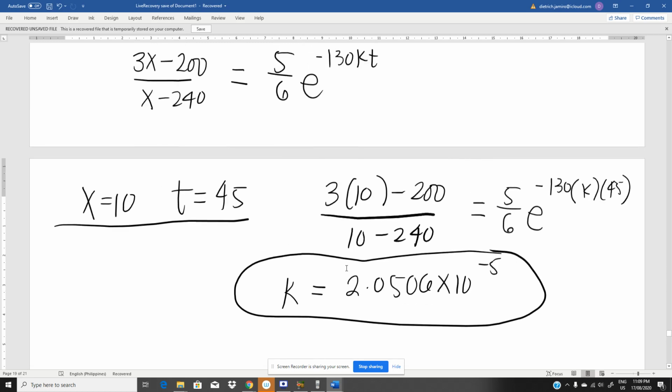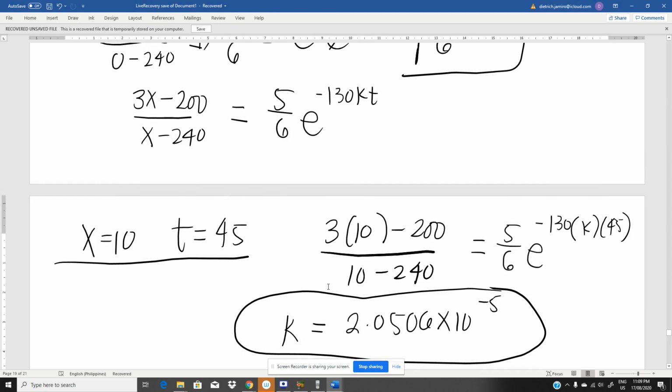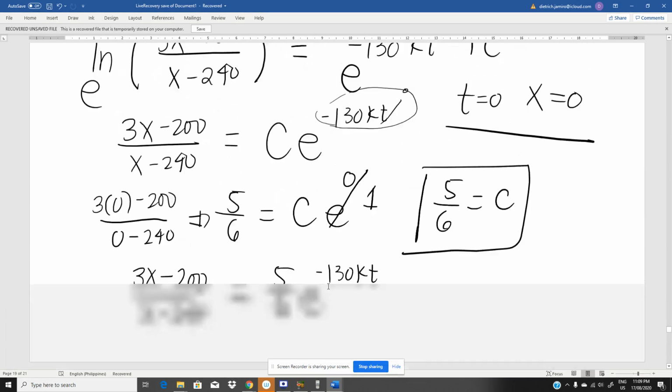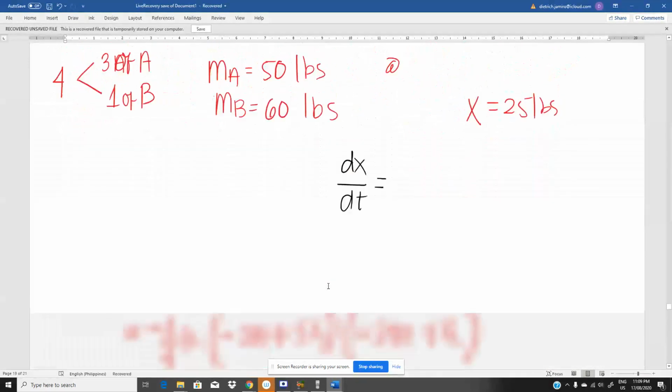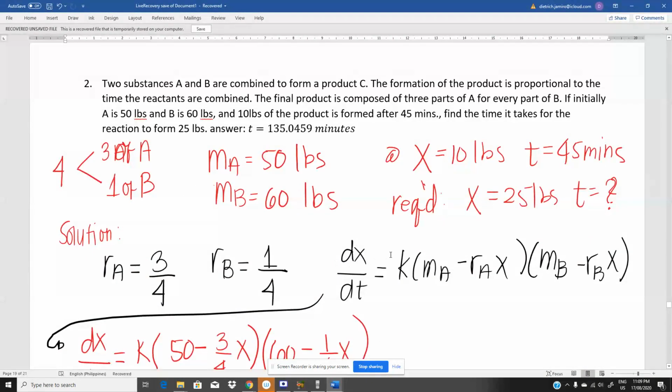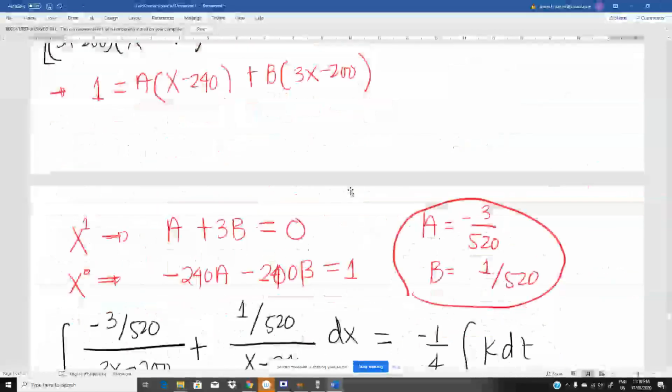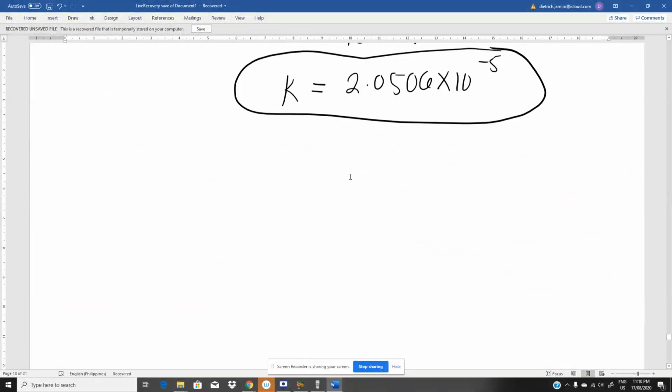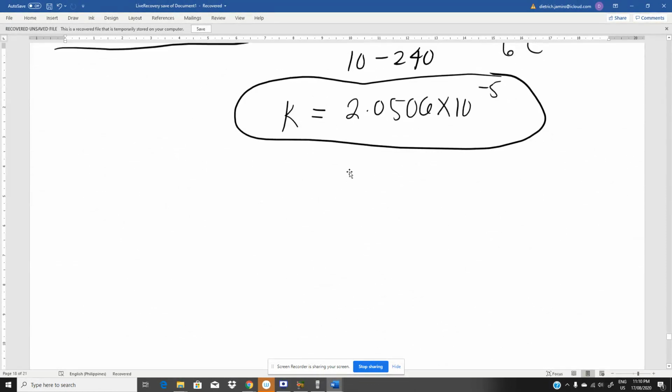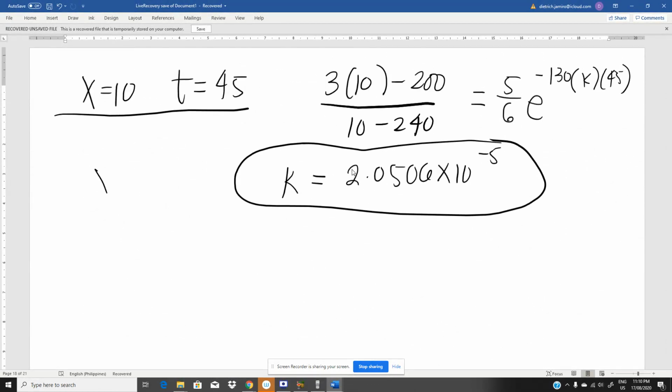And then we're going to solve for our real problem, which is to find t when x is equal to 25.